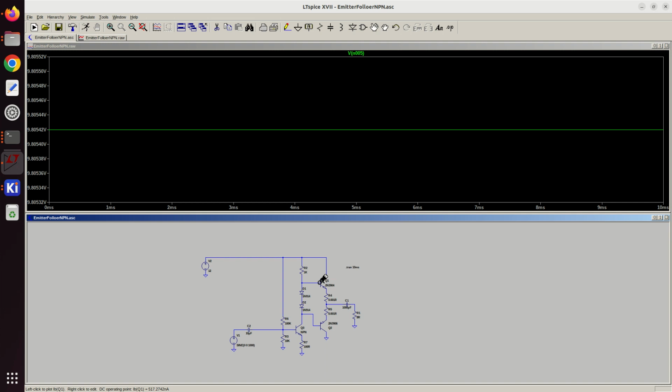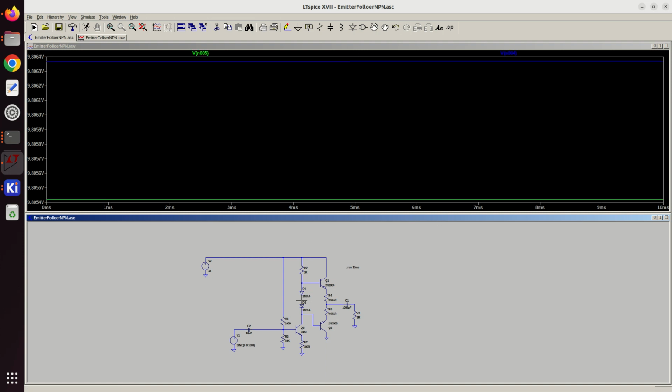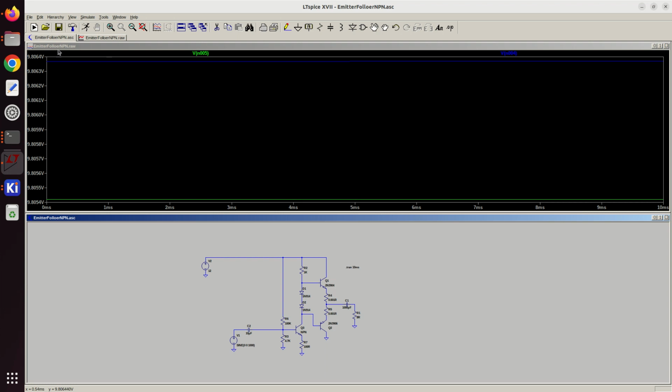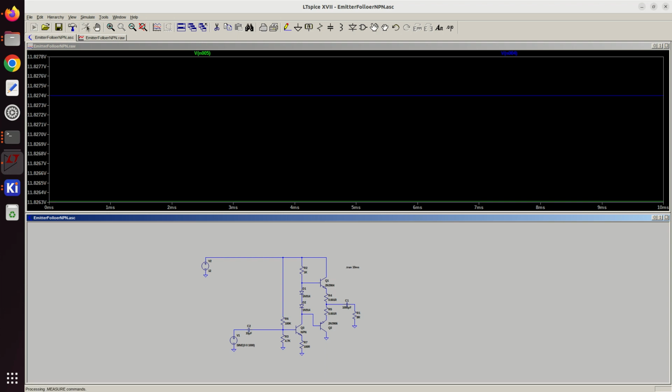which means that. Sorry, let me just check. What is our voltage here? Yeah, so that should be about 6 volts. So we need to draw some more current. So let's adjust this guy to, let's say, 4.7k, and just rerun that simulation.